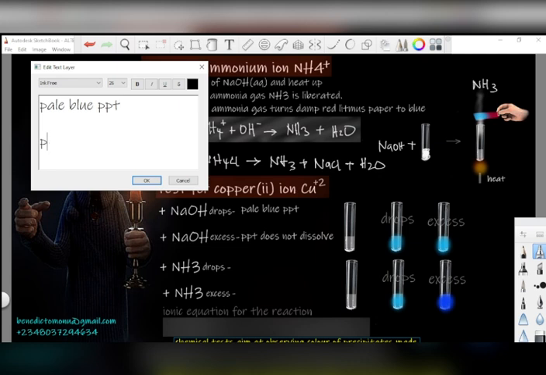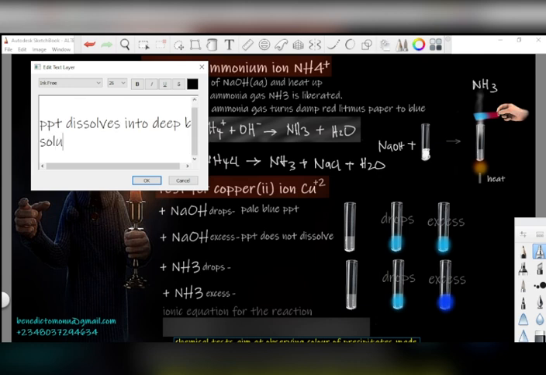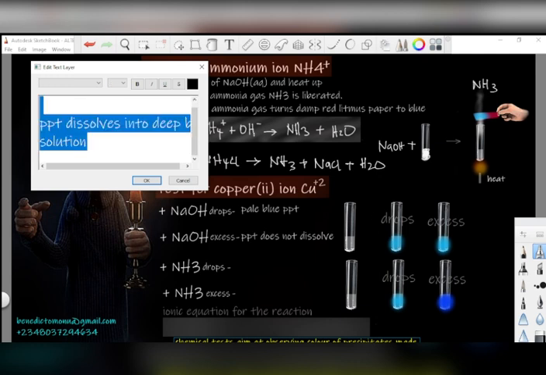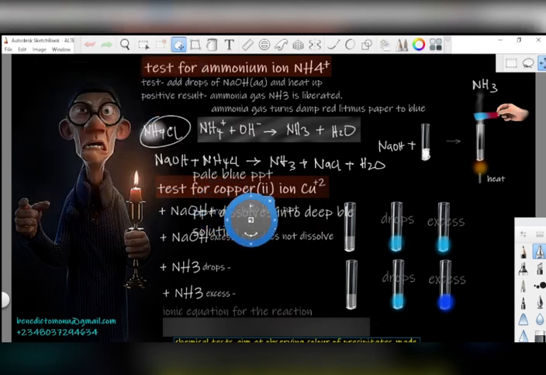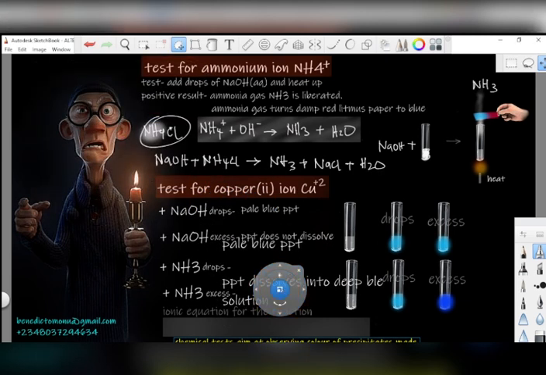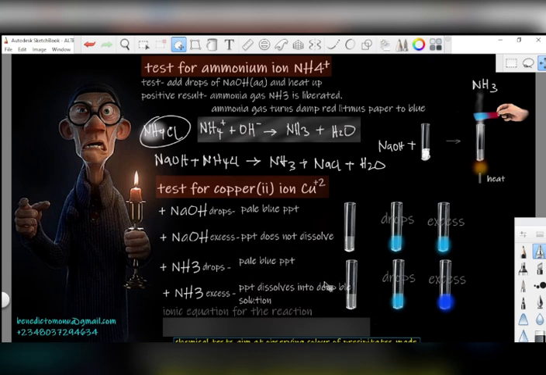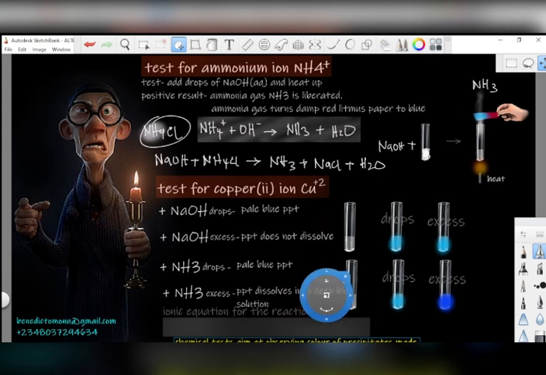And in excess, precipitate dissolves into a deep blue solution. Permit me to write this also here.